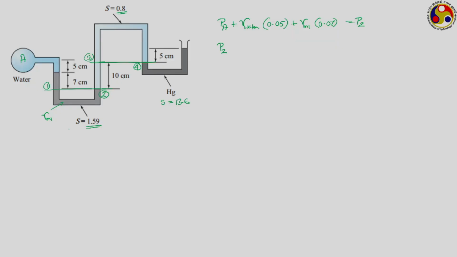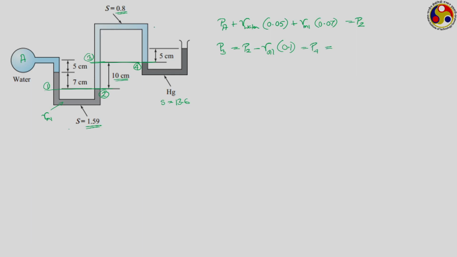P3 being at a higher elevation, pressure will be lesser than this, and the difference will be this 10 centimeter column of this oil. So, P3 will be equal to P2 minus gamma oil into 0.1, this is your P3. This should be equal to P4, and how much is P4?